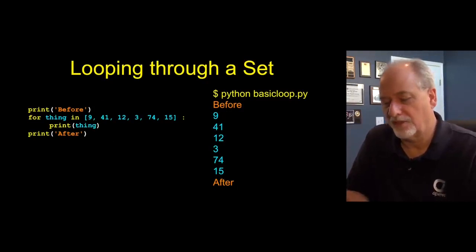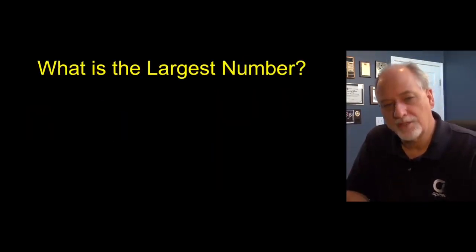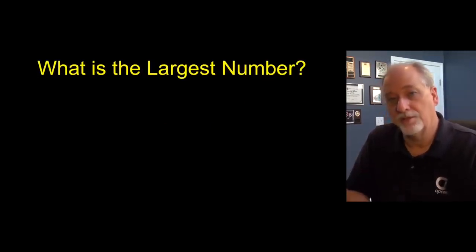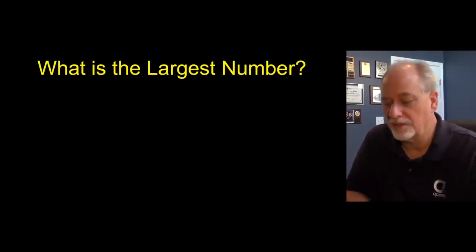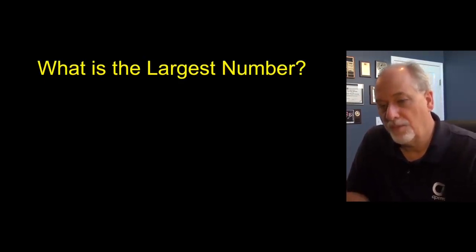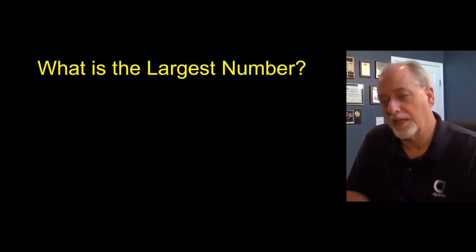Of course, I like to do that first, always print things out to make sure that my brain is functioning. So to understand how these loops work, I'm going to ask you to function as a program. I'm going to show you some numbers in succession, and I want you to mentally figure out what the largest number is, but more importantly, think about how your brain is solving this problem, given that I'm only going to show them to you one at a time for a little while.